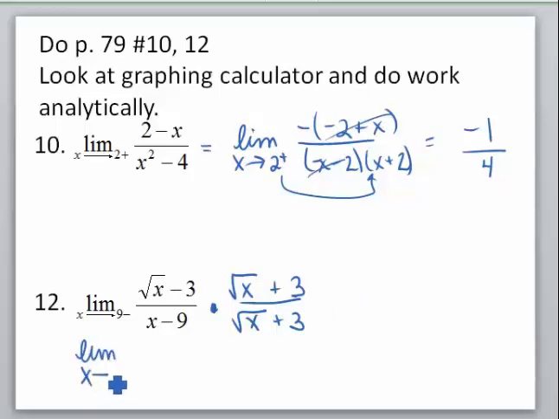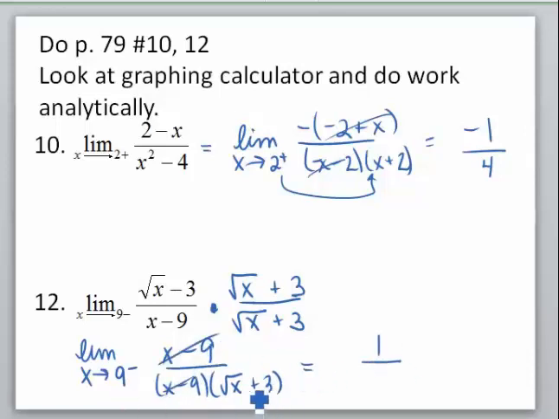So the limit as x approaches 9 from the left would be, we're going to distribute this out, multiply through x minus 9 over x minus 9 times square root of x plus 3. Those cancel, and I'm left with 1 on the top. On the bottom, when I plug in the square root of 9, I have the square root of 9 plus 3, which would be a 6 on the bottom, so my answer is 1/6.